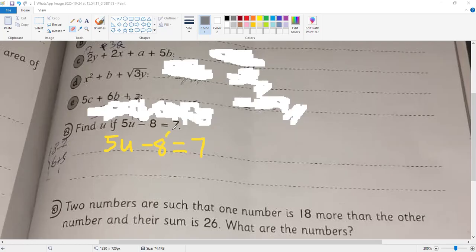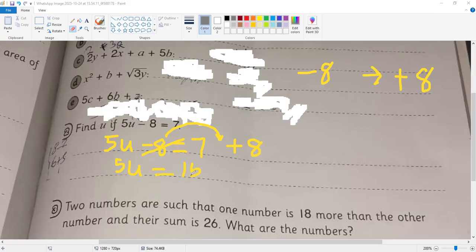So if I move minus 8 to the other side, crossing the equality sign, there's going to be a sign change. In other words, we talk about the additive inverse. The additive inverse of minus 8 is plus 8. That's exactly what we are doing. So this becomes plus 8. The sign has changed. So this is no longer existing. So I have my 5U equals, what is 7 plus 8?